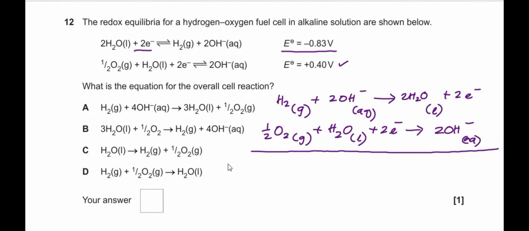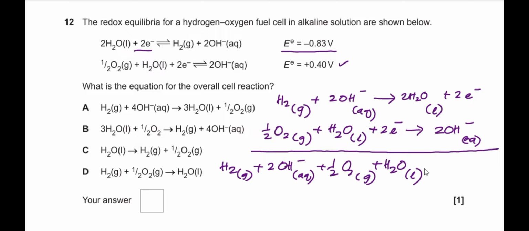For example, we write this as H2 gaseous plus 2OH minus aqueous plus half O2 gaseous plus H2O liquid plus 2 electrons gives, on the other side, 2H2O liquid plus 2 electrons plus 2OH minus aqueous. Now cancel out things which are identical on both sides.